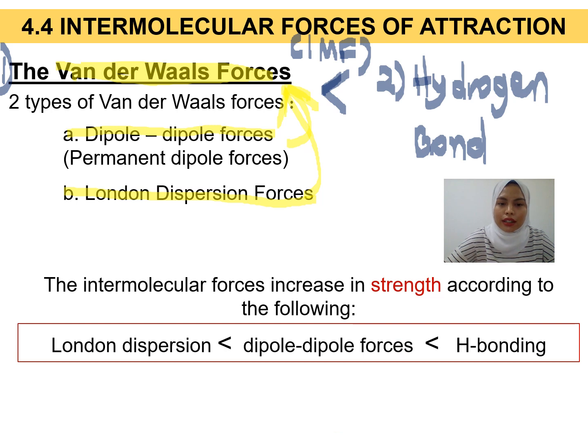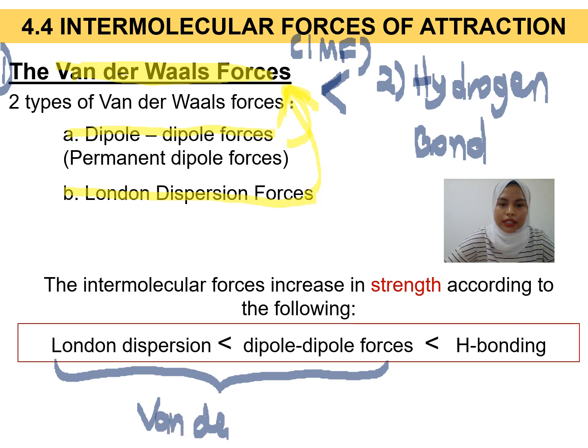Tapi you kena ingat lah, IMF kita ada dua saja, which we have van der Waals force dan juga hydrogen bond. Cumanya London Dispersion dengan dipole-dipole forces tertakluk di bawah van der Waals. And then kalau nak ikutkan kekuatan, London Dispersion ni lagi lemah berbanding dipole-dipole forces di dalam type of van der Waals forces of attraction.